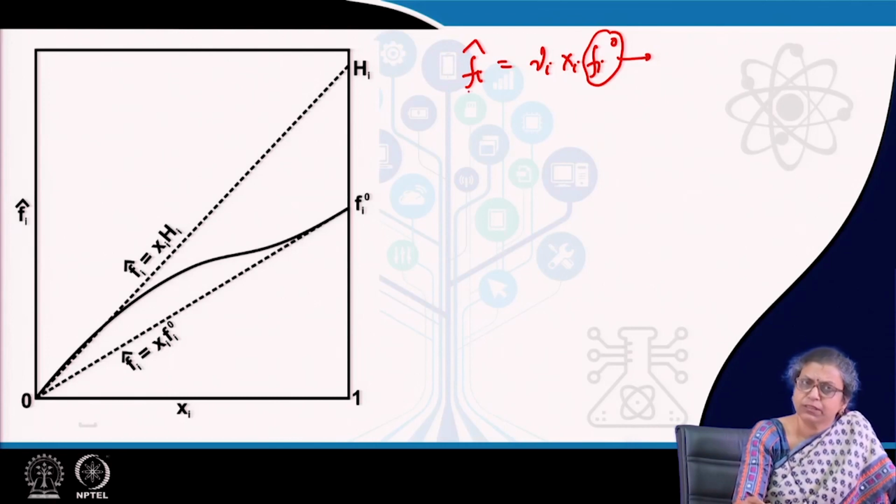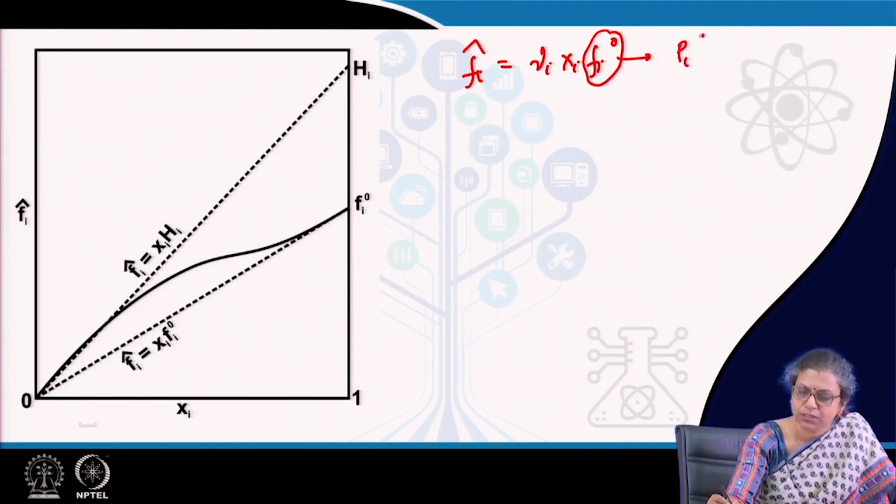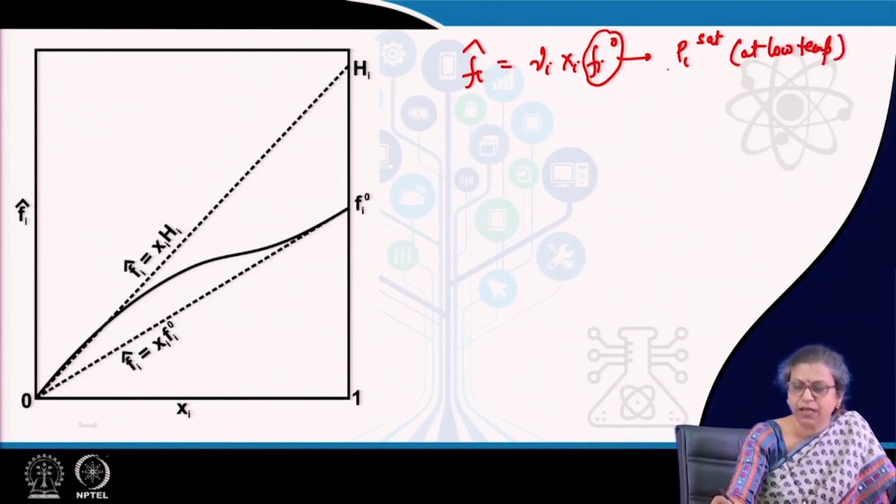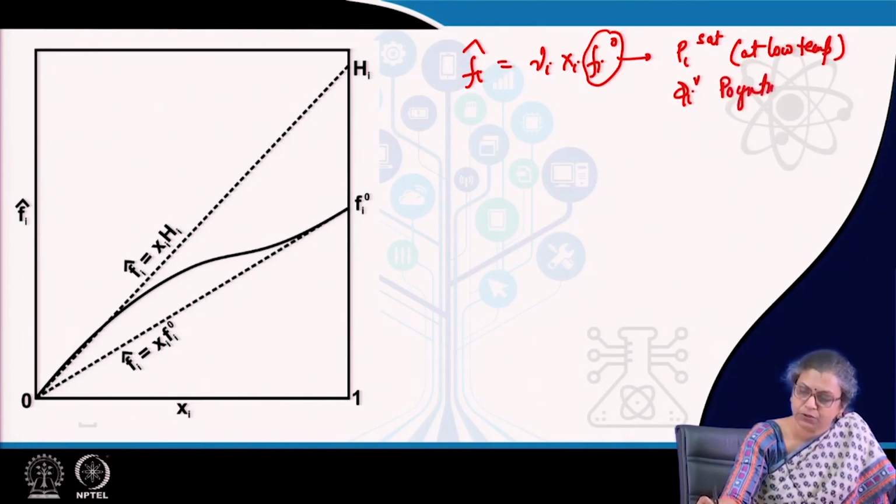So, if you know the temperature and pressure of the solution, you can very well find out Fi0. This will correspond to the saturated vapor pressure at low temperatures, or else you can find it out if you know FiV and also the Poynting correction factor. It is not a problem.